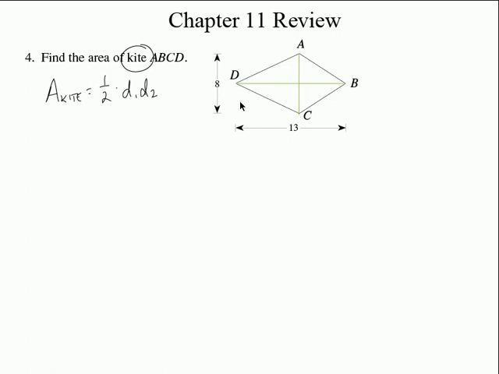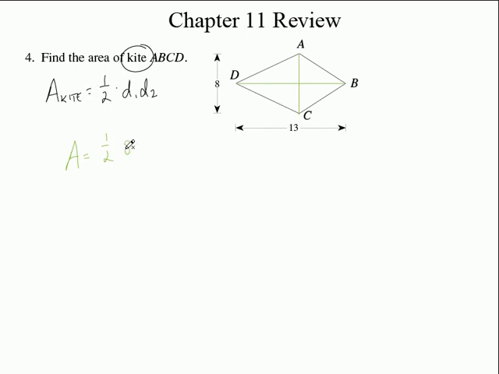Now, if you look at how I labeled them, from D to B is 13, so that's the length of one diagonal. And then from A to C, see that lines up with the A, this lines up with the C, that would be the other diagonal. So it's just a matter of putting the numbers into the formula. So it's 1/2, one diagonal, times another diagonal.